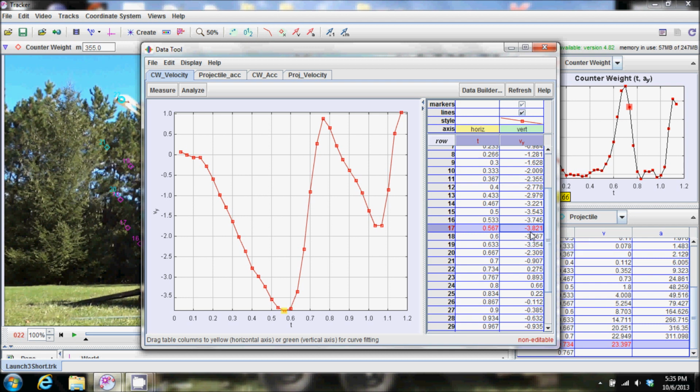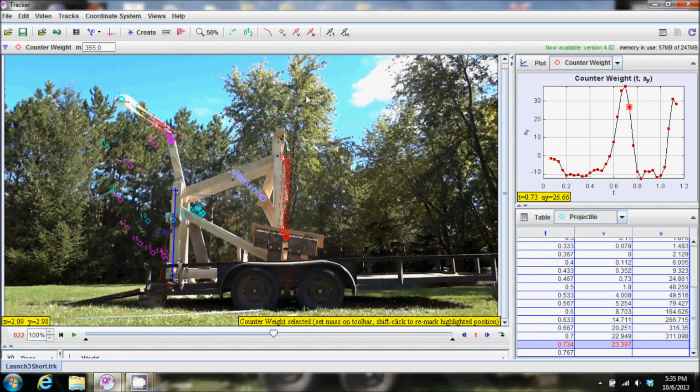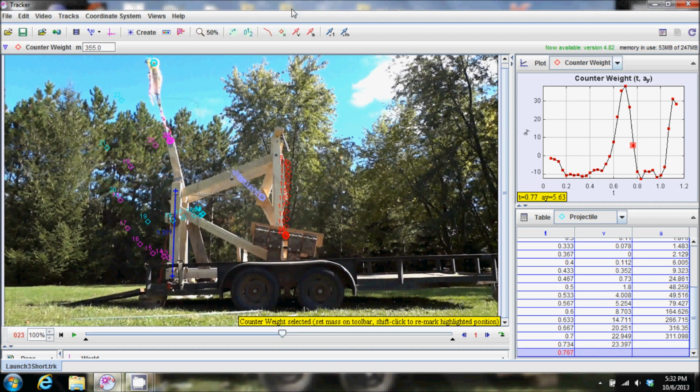If I view that as kinetic energy, I'm getting about 40% of the kinetic energy from my counterweight into my projectile. Now I did say that my counterweight starts moving up.